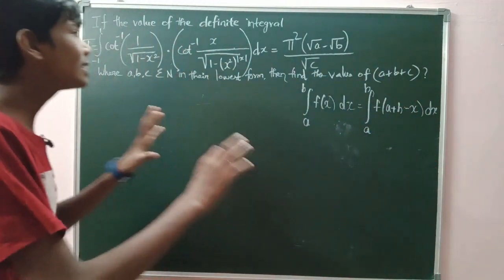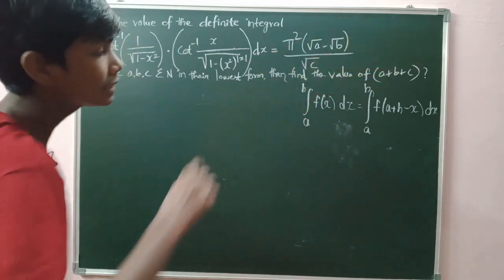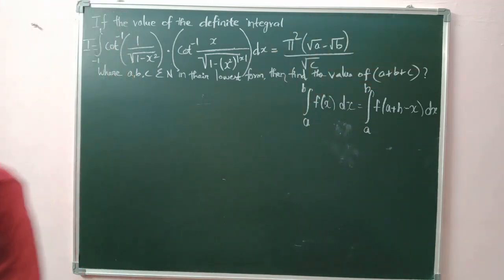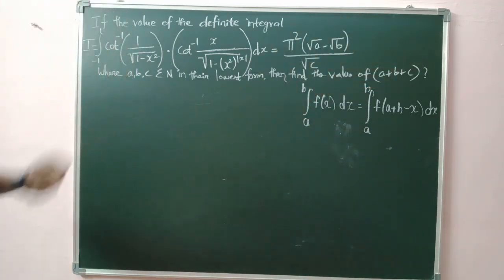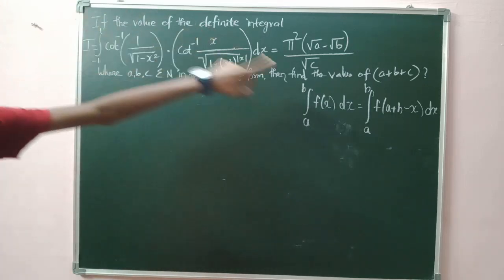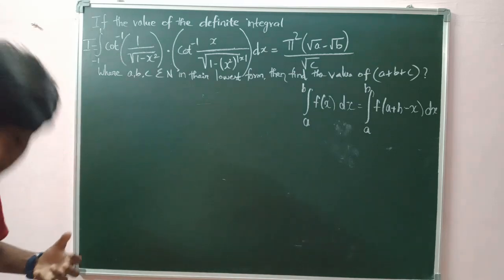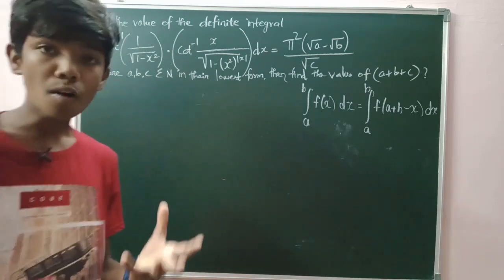So using King's rule, f of a plus b minus x will be f of minus 1 plus 1 minus x, that is f of 0 minus x, which is f of minus x.